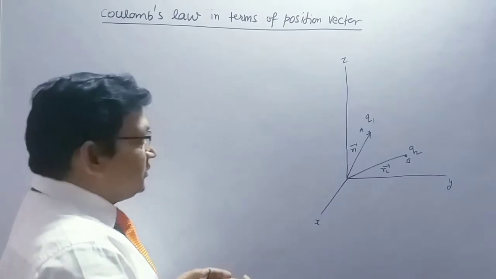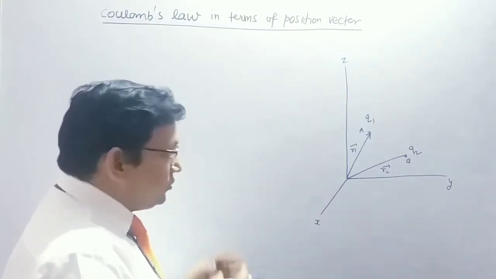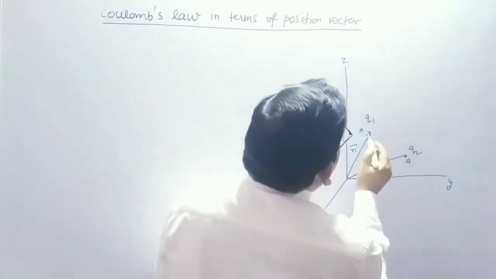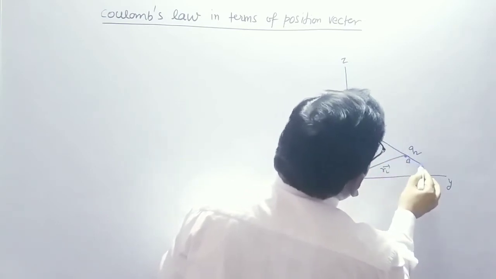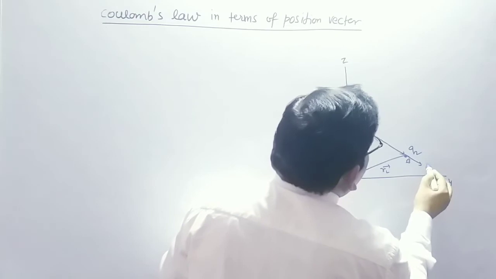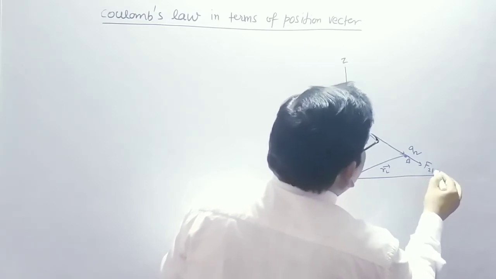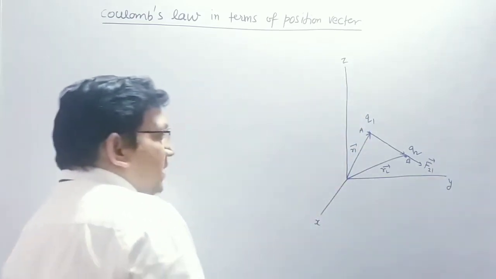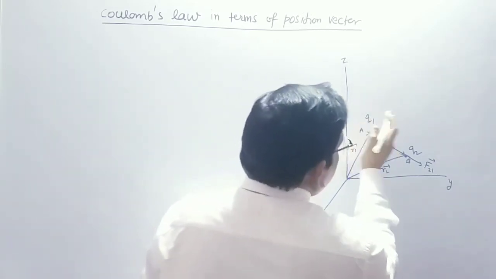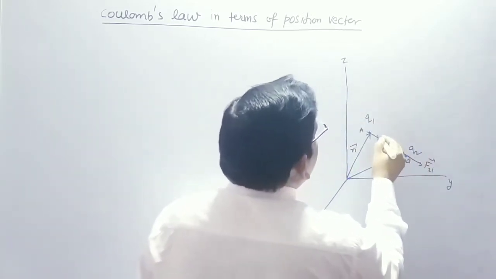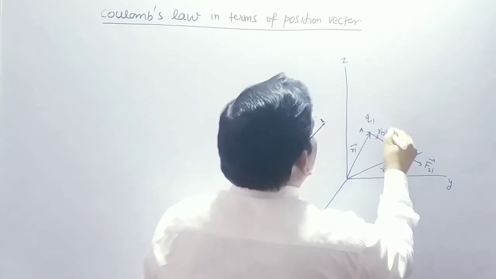Now the charge q1 exerts a force on q2, and the direction of this force is given by this vector. So this is the force acting on 2 due to 1, and the direction of this force is from charge 1 to 2, and for the direction take the unit vector 1 to 2.